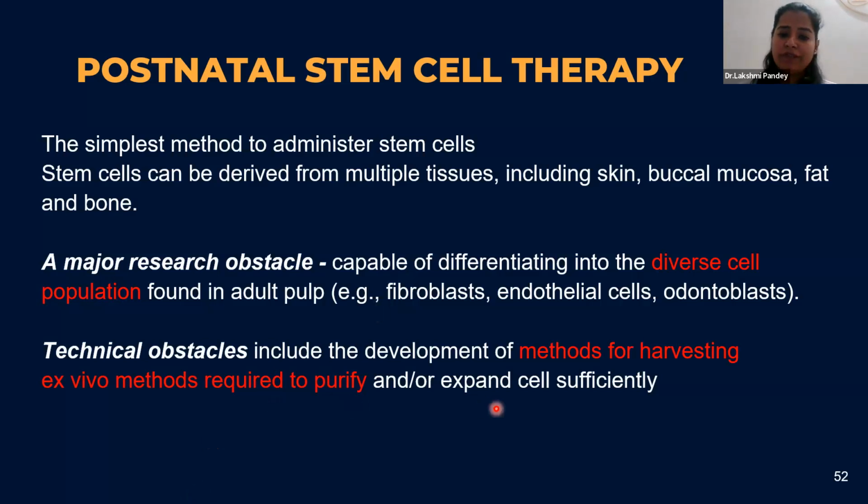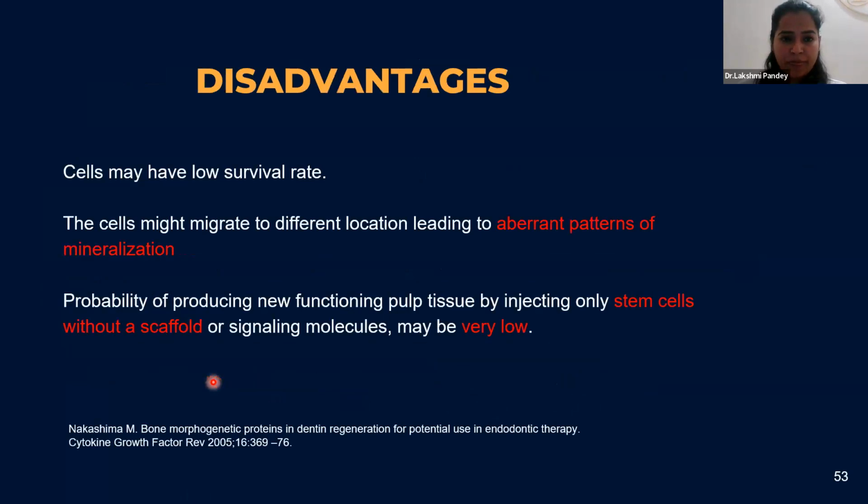Technical obstacles include the development of methods for harvesting. Obviously, to harvest stem cells is difficult. Disadvantages: the cell may have a low survival rate. Sometimes you put the stem cells and the survivability is not there, and it is eaten up by the osteoclast. The cell might migrate to different locations, leading to an aberrant pattern of mineralization.